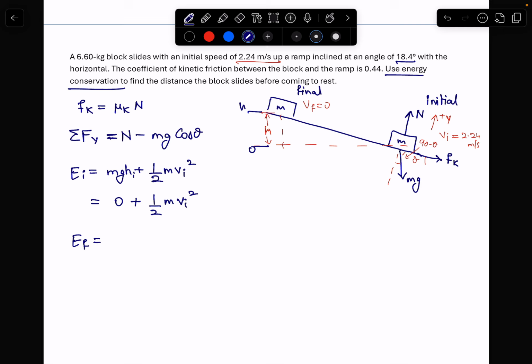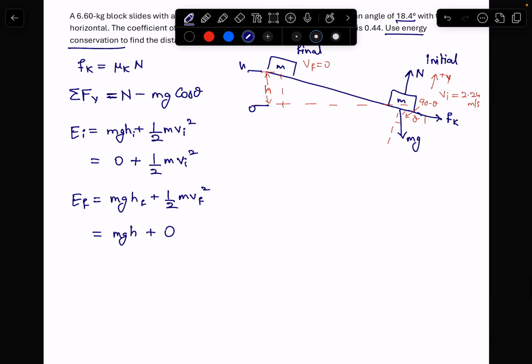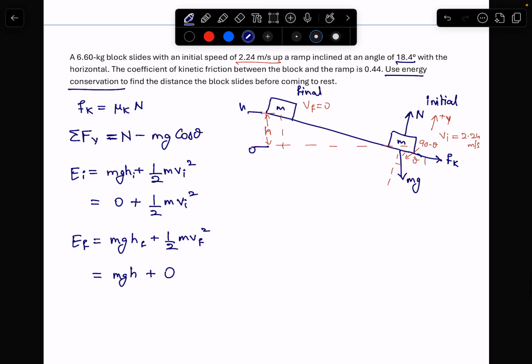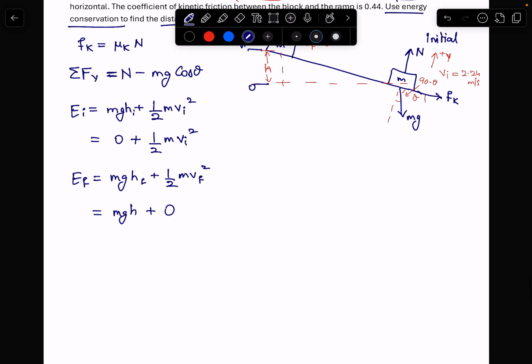Final energy is equal to again mg h final plus half mv final squared. So h final is h, so mg h. Final velocity is 0, because the block has to come to a stop. They are asking us to find the distance the block slides before coming to rest, so it has to stop.